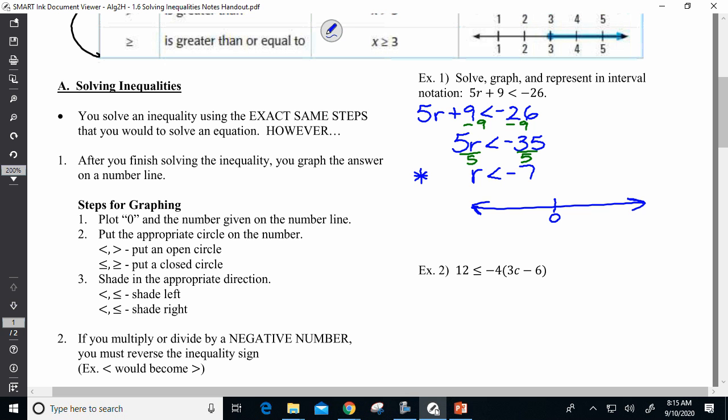Negative 7 is on the left side of 0. You don't have to count all the tick marks. 0 in the number is more than fine. Since it's a less than symbol, put an open circle. And less than would mean shade to the left. So that's your graph.